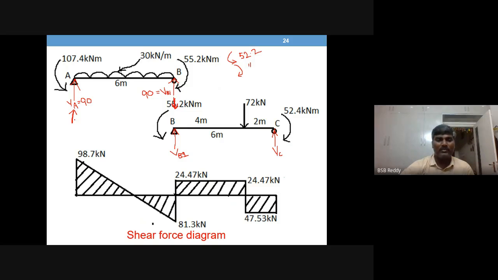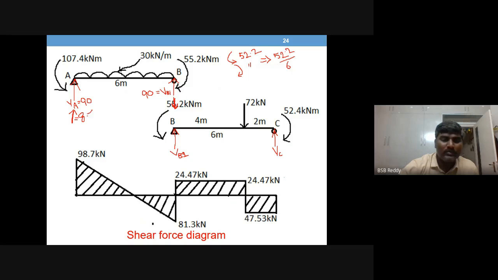So what is the value of force required for producing 52.2? Force is equal to moment divided by span. Span how much? 6. So 52.2 divided by 6, 8.7 is the reaction.